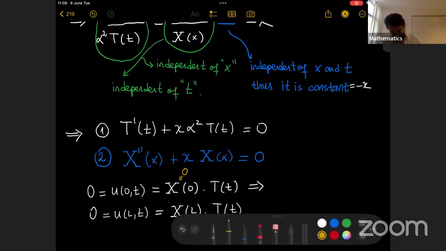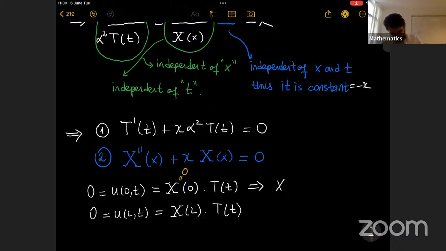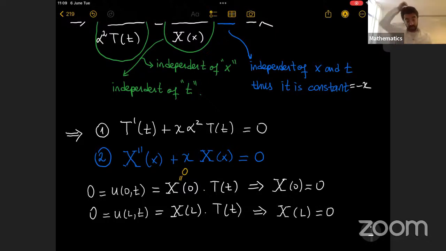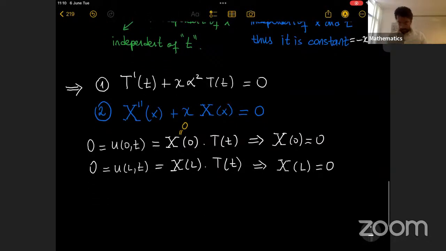So it implies that X(0) is equal to 0. And from this, similarly, X(L) is equal to 0. So at both endpoints, the function capital X is equal to 0. Now, let's work with this one first, since we have the initial conditions with this one.